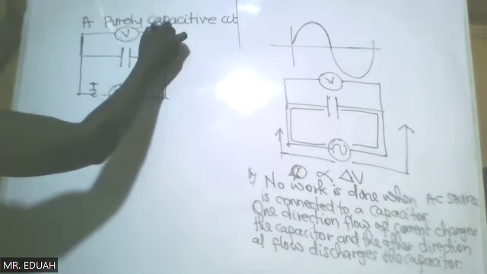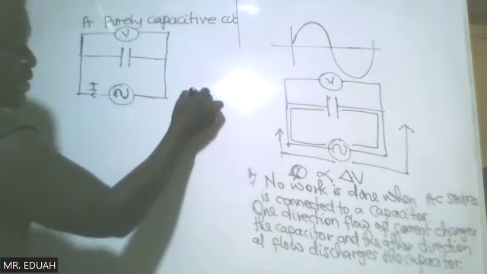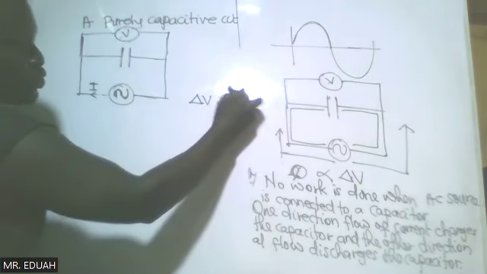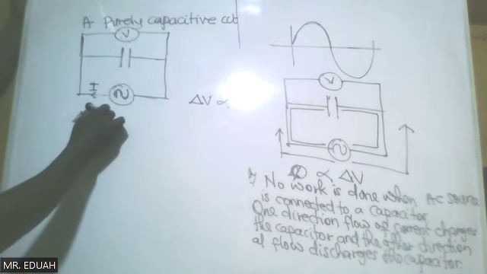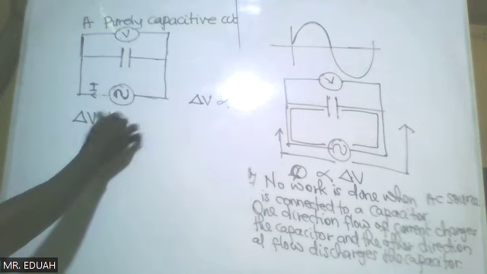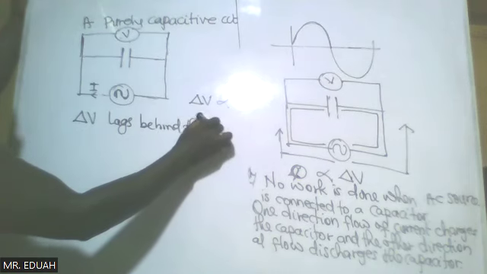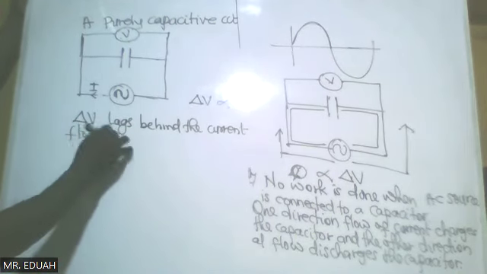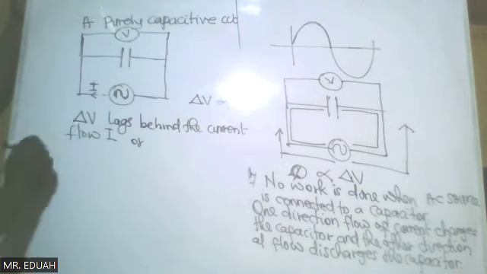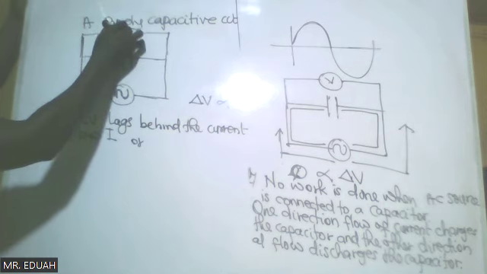Unlike in a purely resistive circuit, where the voltage drop across the resistor is directly proportional to the current flow, over here the voltage drop across the capacitor, delta V, lags behind the current flow I. This is delta V, not the source EMF; I mean the voltage drop across the capacitor.